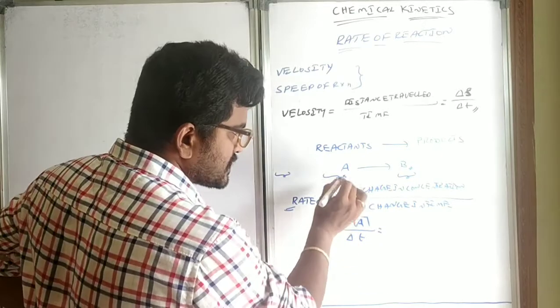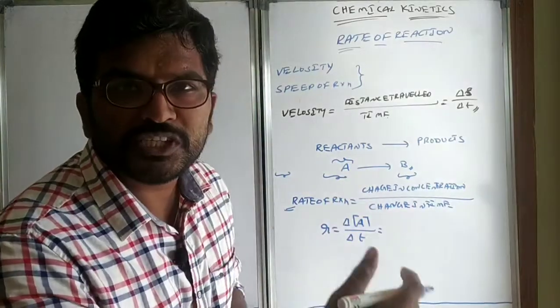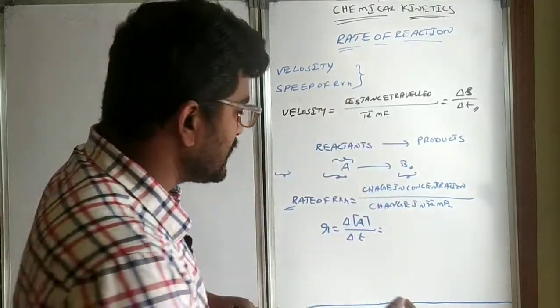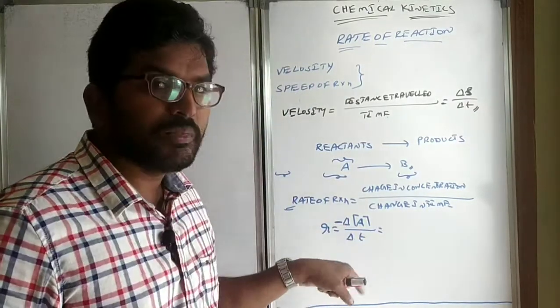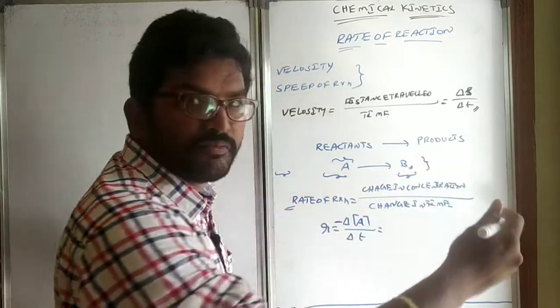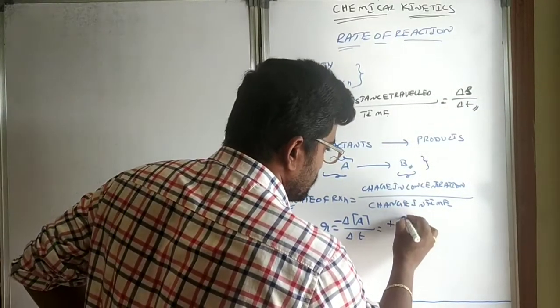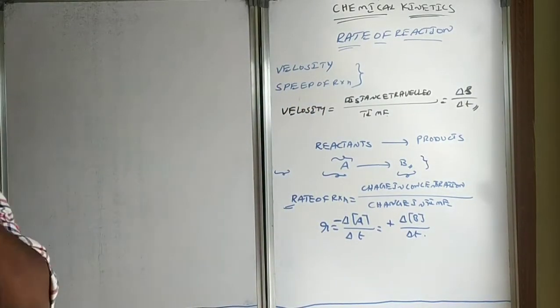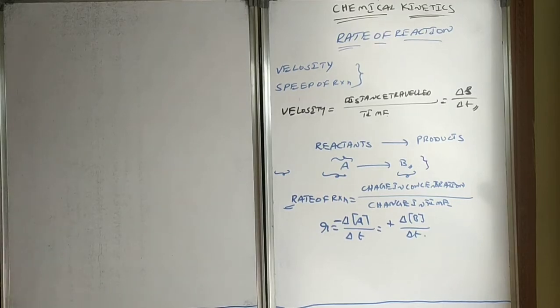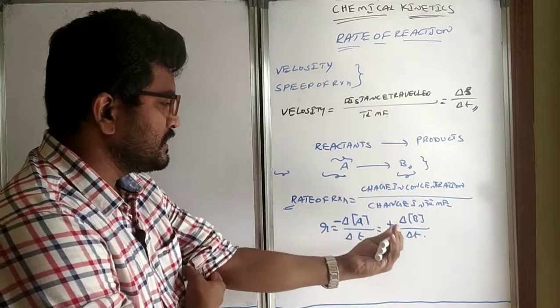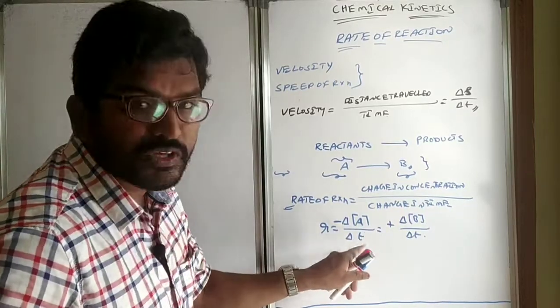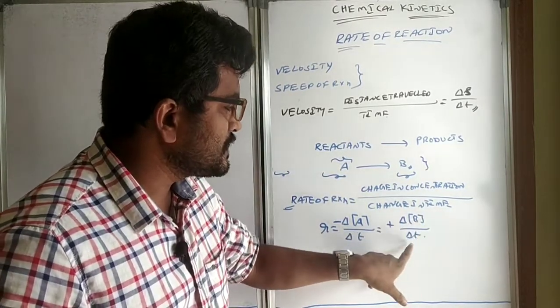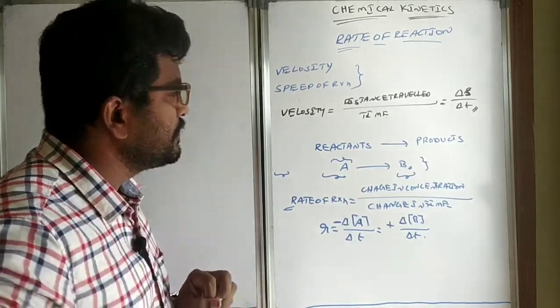Here you see the concentration of A. As time goes on, the concentration of A decreases, so we put minus delta A by delta T, and the concentration of B increases with time, so we put delta B by delta T. In any chemical reaction, the concentration of A gradually decreases and that of B gradually increases. We consider the decrease in concentration of A with time, or the increase in concentration of B with time.